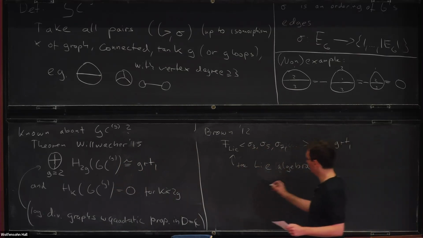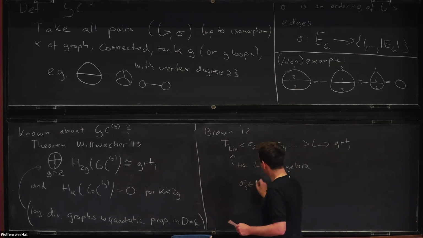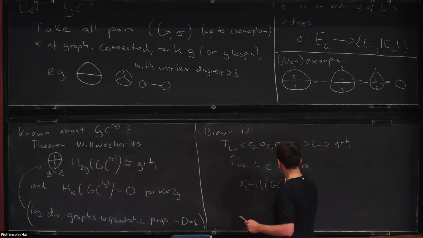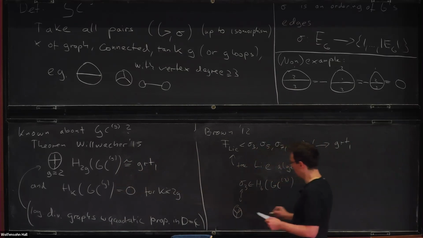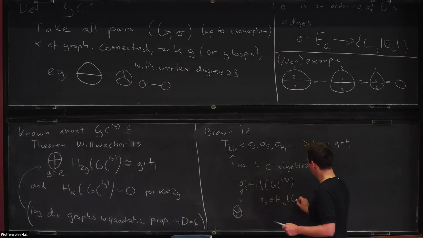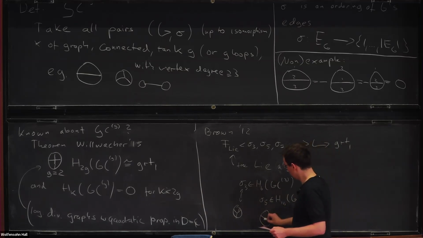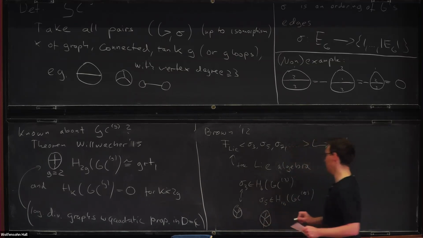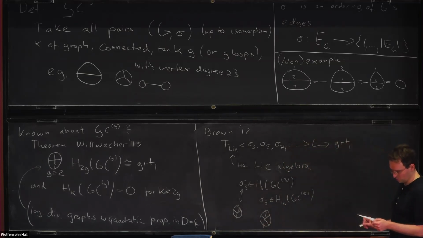Yeah, and these sigmas, so sigma 3 lives in H6 of GC3, and it's represented precisely by this graph that I already mentioned, this tetrahedron graph, and then sigma 5 lives in degree 10 of GC5, and it's this graph with 5 spokes, this wheel with 5 spokes.